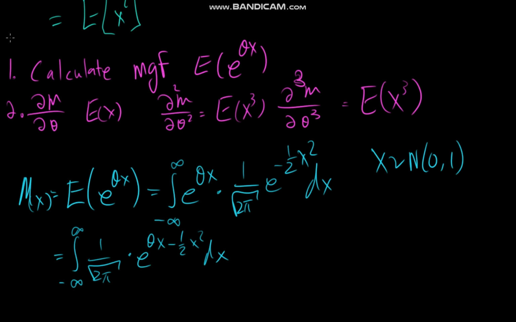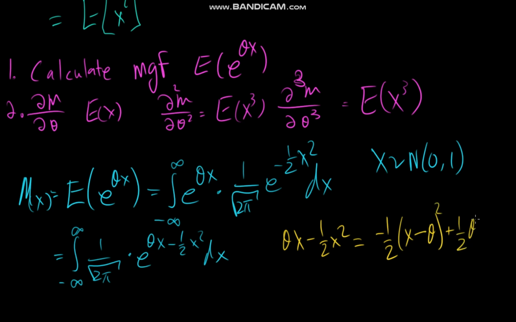And now I would like to make a little bit of change in the exponential. That is, instead of writing it like this, I will write it as minus 1/2 x minus theta squared plus 1/2 theta squared.